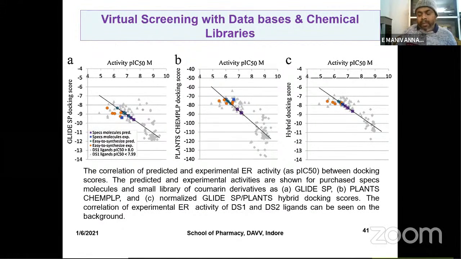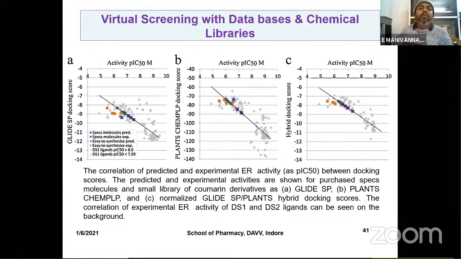So now we are coming into prospective screening. We screened two databases: one is our in-house database and the other one is the SPECS commercial database. From the SPECS library, we were not able to find many active molecules.